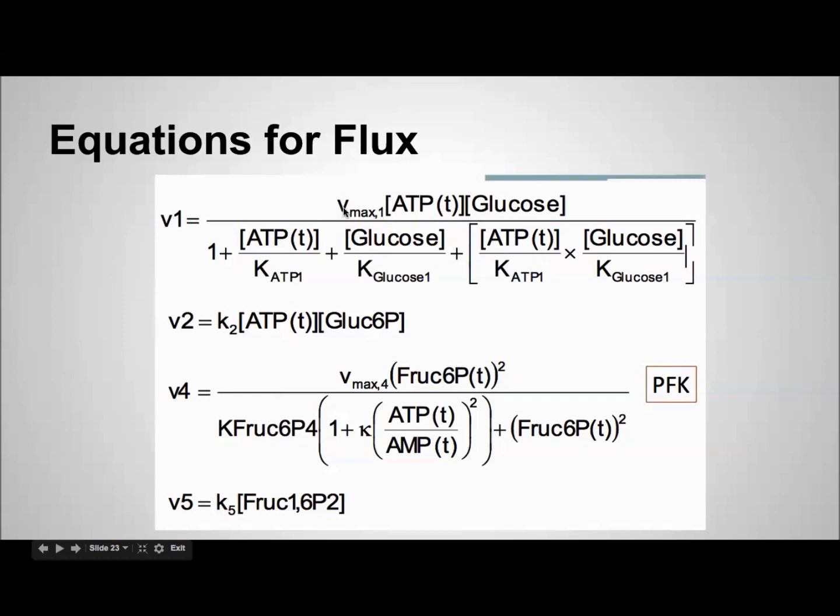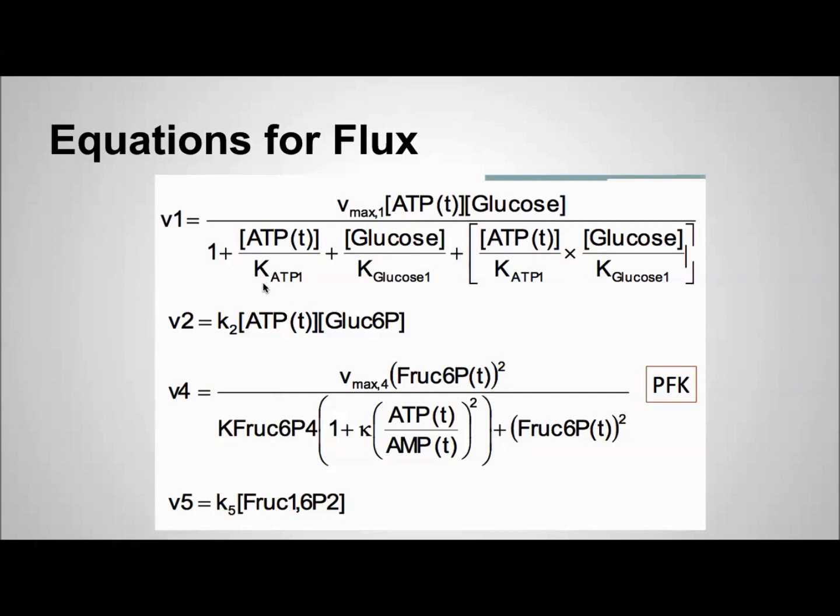The first constant is the maximum velocity of that reaction in the forward direction. Then we're looking at the change of ATP concentration over time multiplied by the initial amount of glucose.